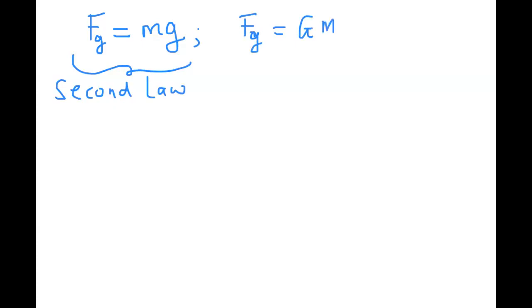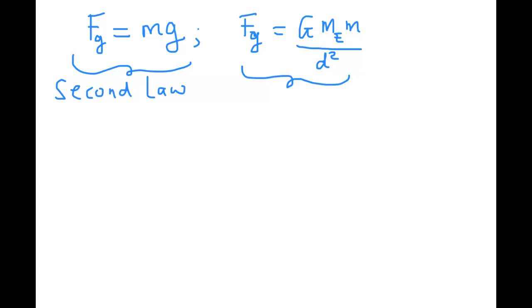Let's think about the apple and the Earth situation. Mass of the Earth, then mass of the apple, m, just m, then divide by distance squared. Now, what Sir Isaac Newton is telling us is that the two expressions for gravitational force must be equal, must be the same.